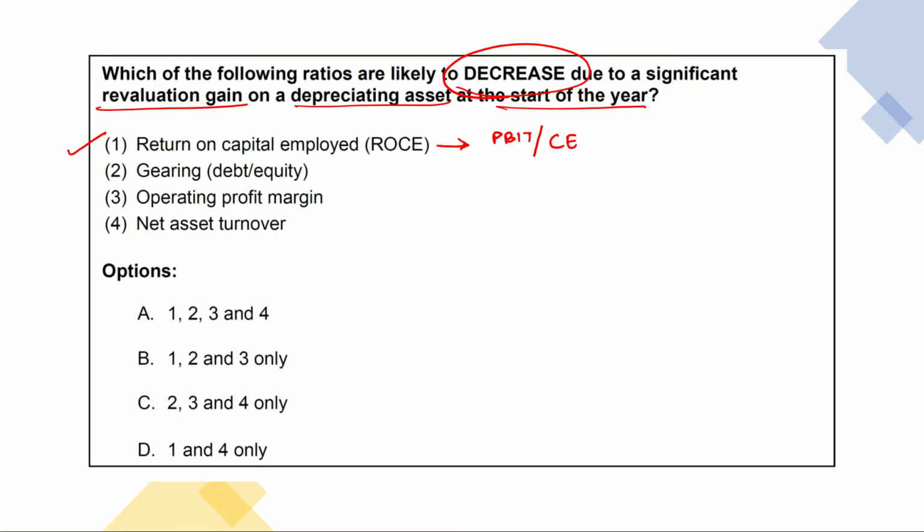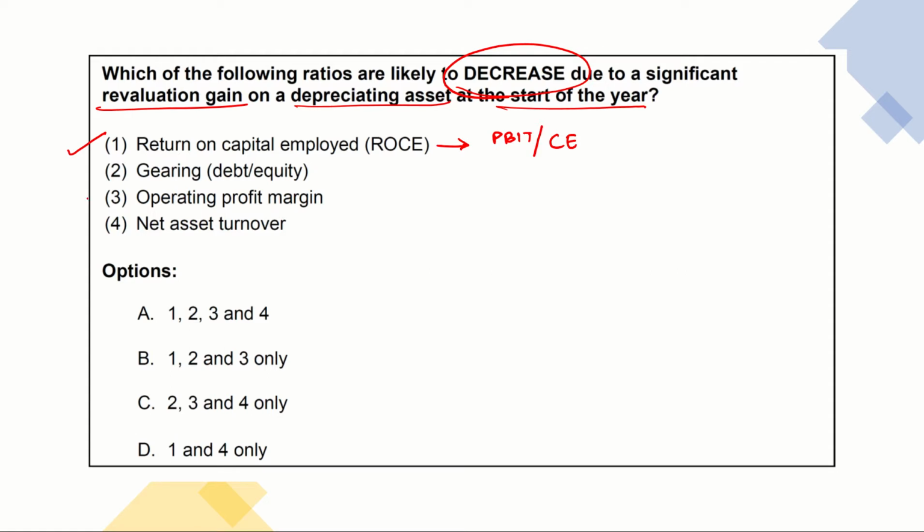Now when your revaluation gain is recorded in your equity, the equity balance is going to go up. When the equity balance goes up, your capital employed would go up, and therefore your return on capital employed percentage is going to come down. So that is absolutely correct.